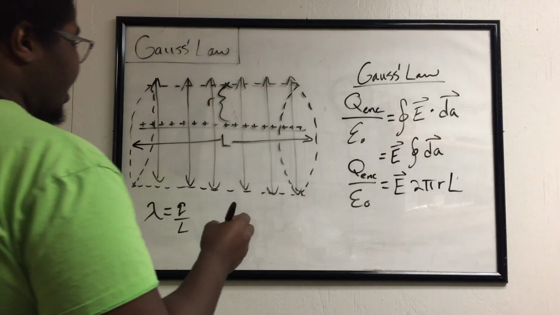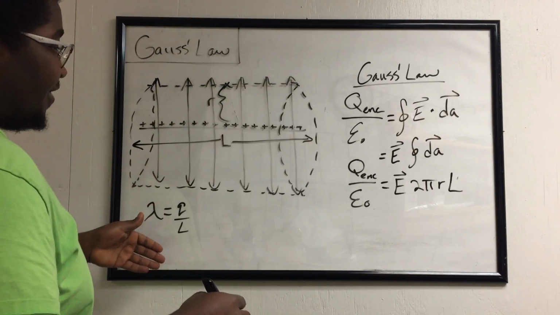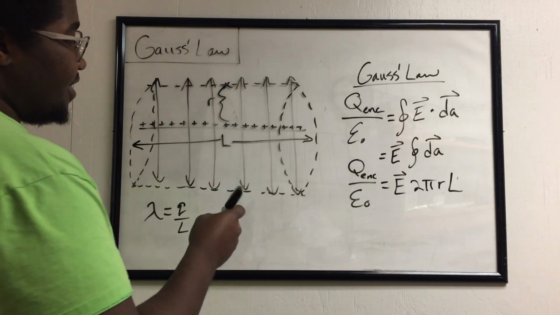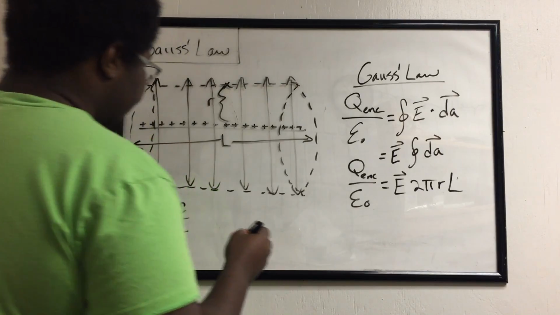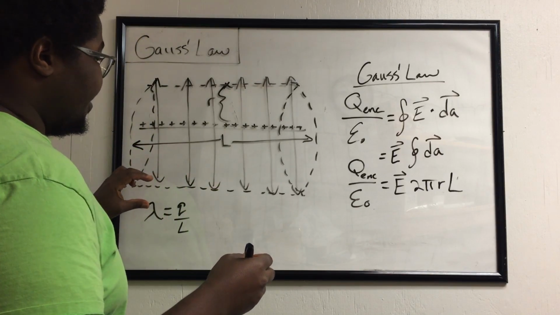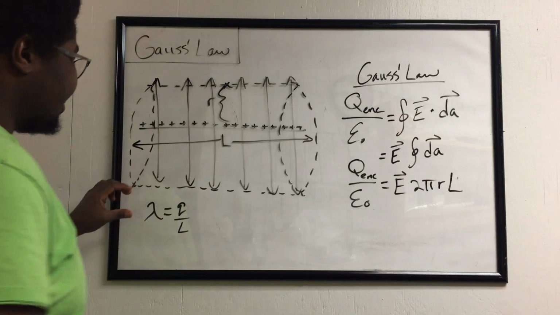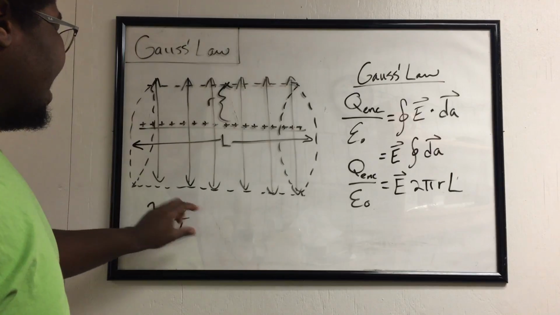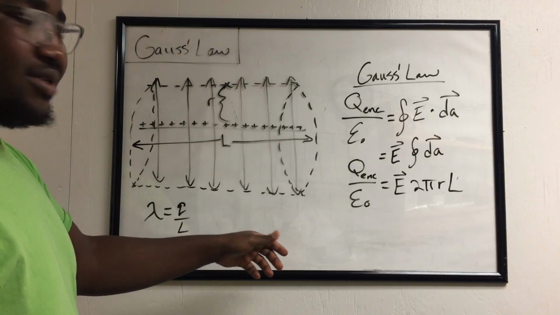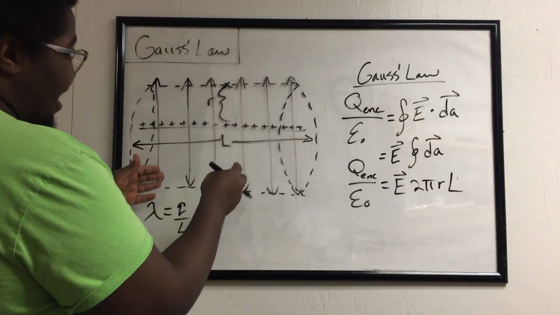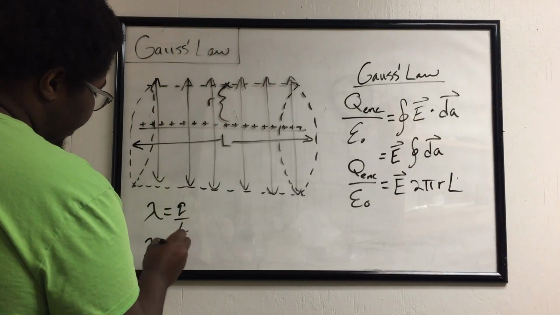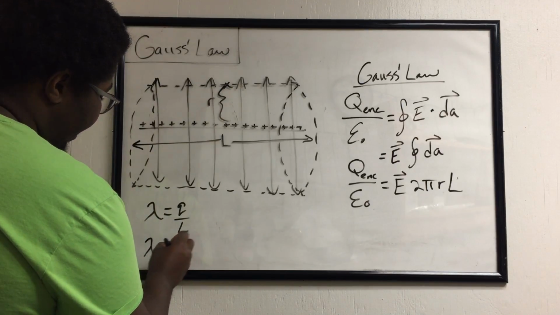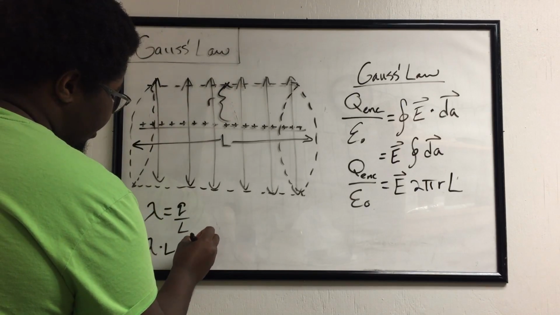Now, if we were given the charge density, we can use that to calculate E. Knowing the charge density is Q over L, we can substitute lambda times L for Q. Since this is charge over length, if we multiply by L, we get charge.